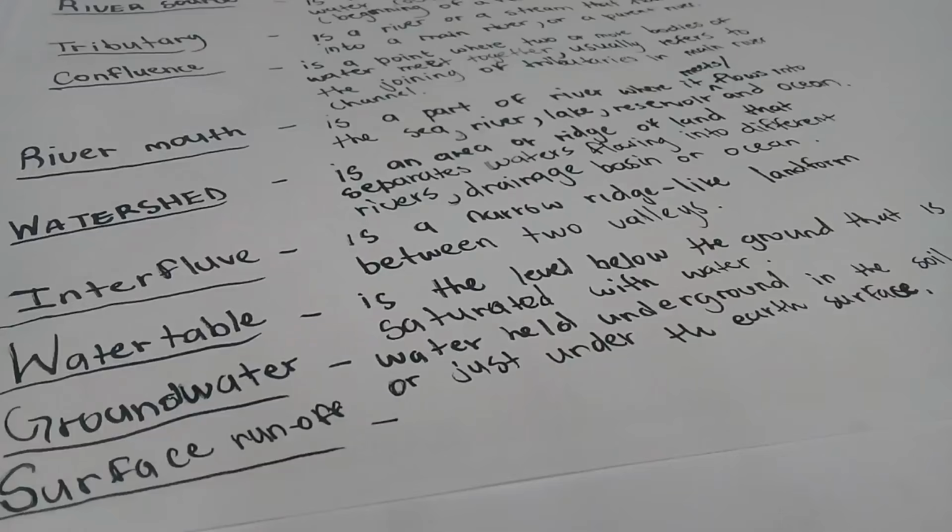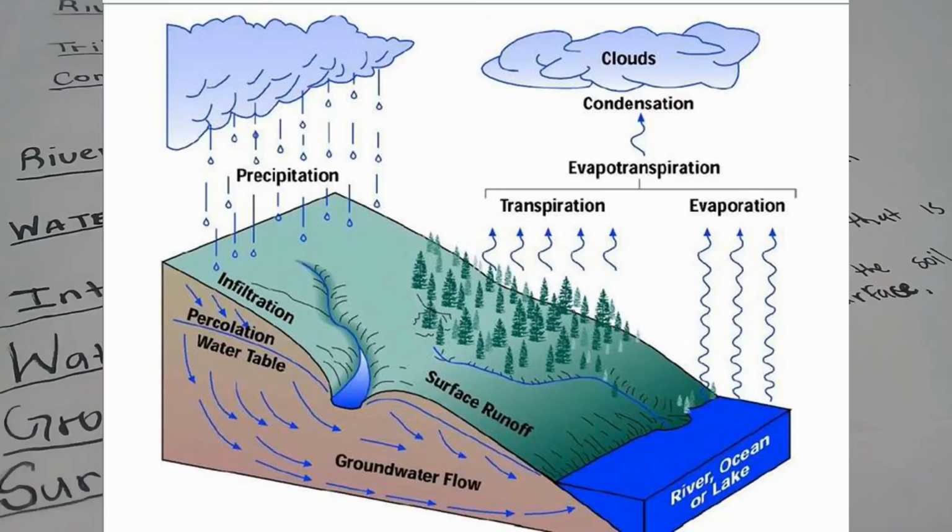It can also be a result of snow melt and other sources that flow over the land surfaces. So basically, surface runoff is water that runs over a surface, caused by precipitation, rain, snow melt, and other sources that can cause water to run over the surface.